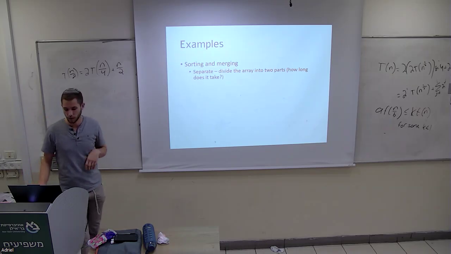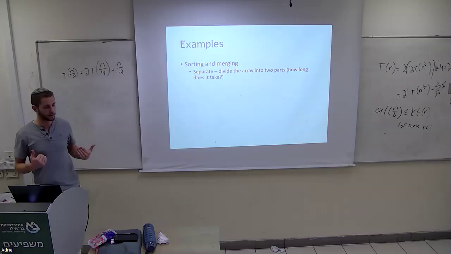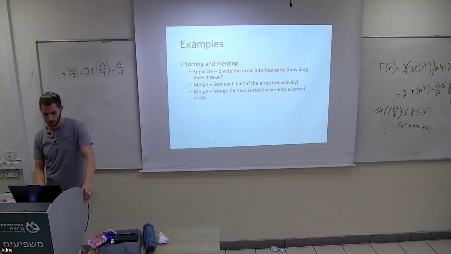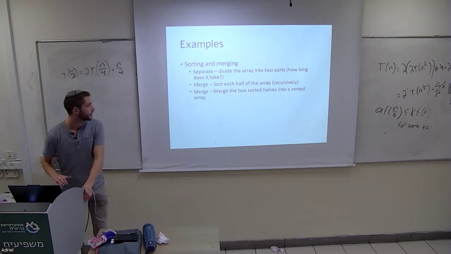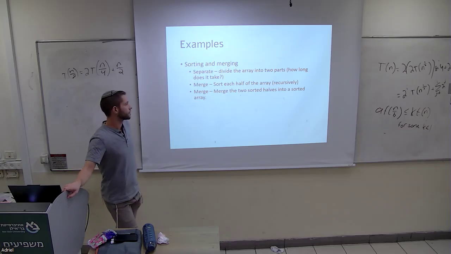It's merge sort, where we divide the array into 2, and we keep on dividing it into 2 until we get to just one element, and then we plug it back in.